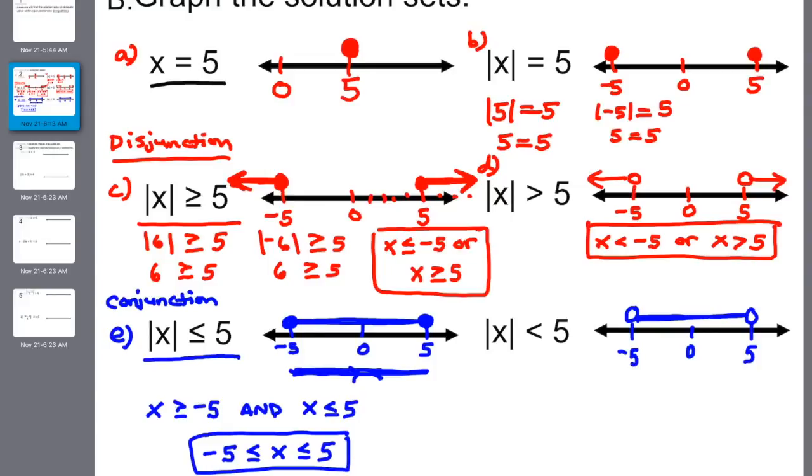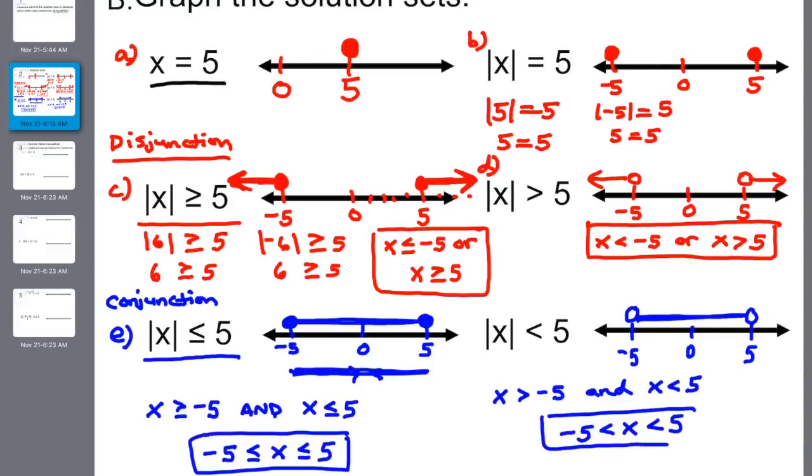So if we think about the inequality on the left, that would have been x is greater than negative 5, and x is less than positive 5. Or rewritten as a compound inequality, negative 5 is less than x, and x is less than 5.